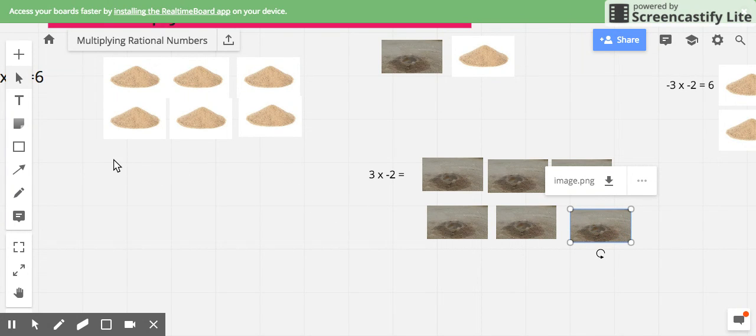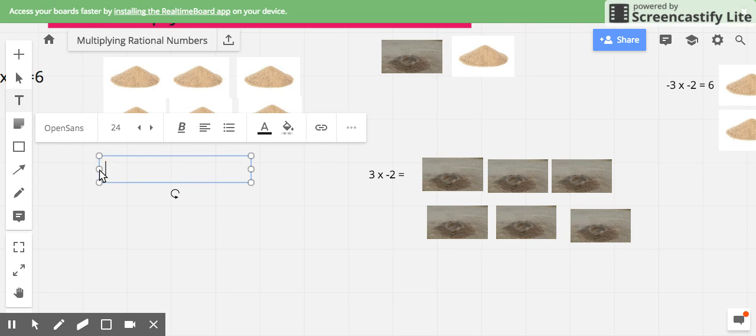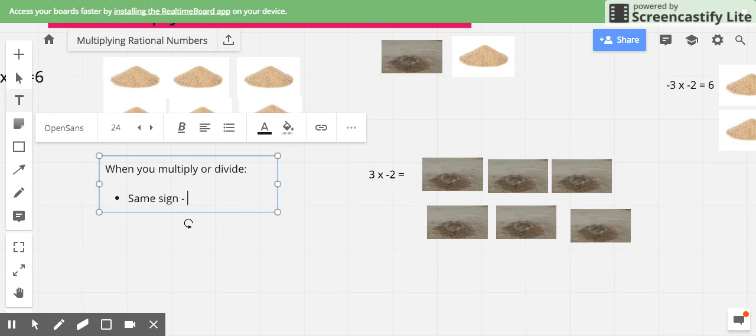So what are we saying here? We're saying that when you multiply or divide, same sign equals piles or positive numbers, right?